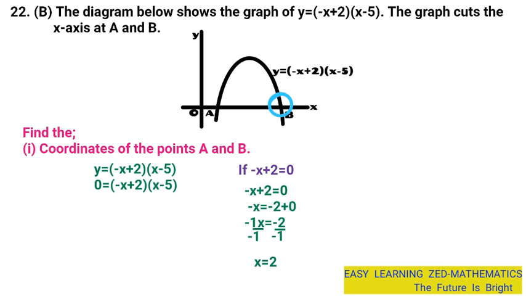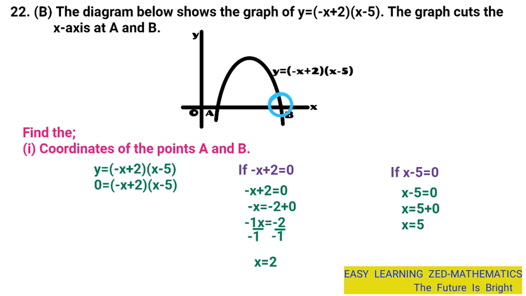Now let's see what the value will be if x minus 5 is equal to 0. I'm going to rewrite that, then put like terms together. Then I'm going to have x is equal to 5 plus 0, so x is equal to 5.